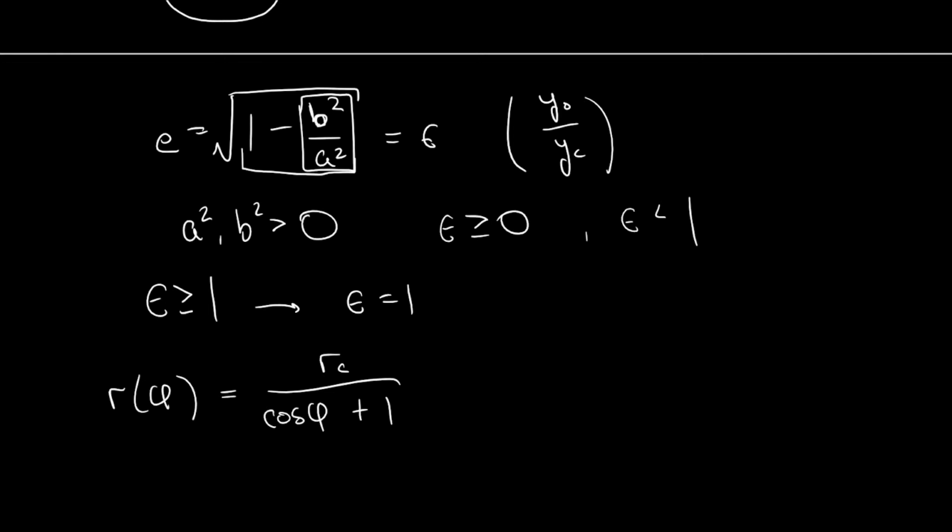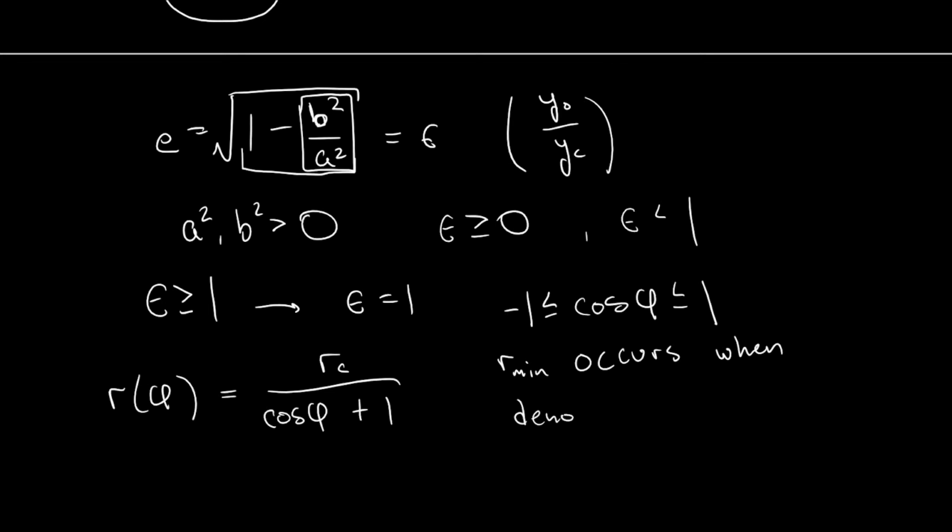But cosine is, again, a bounded function. Cosine phi is always going to be between -1 and +1. So the minimum radius, r min, occurs when the denominator is maximized, which is the case where cosine phi equals 1.